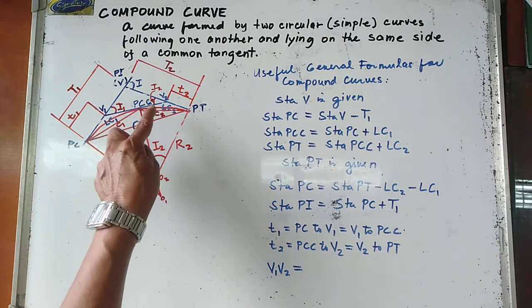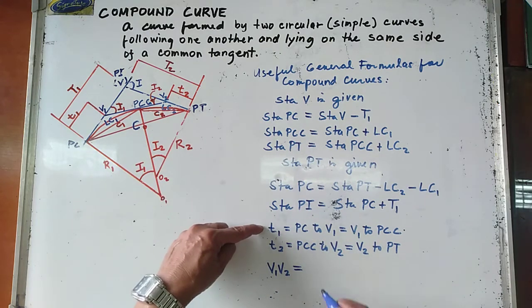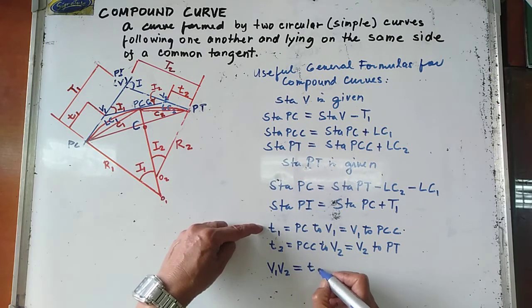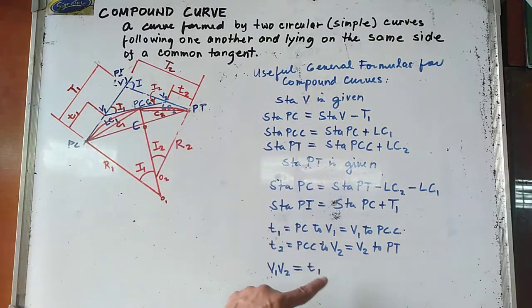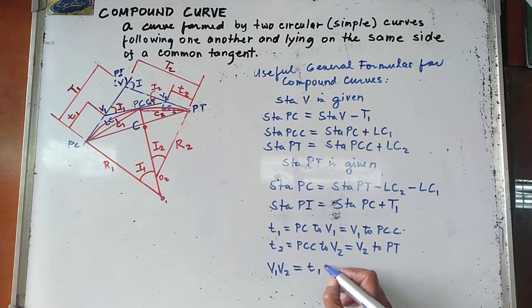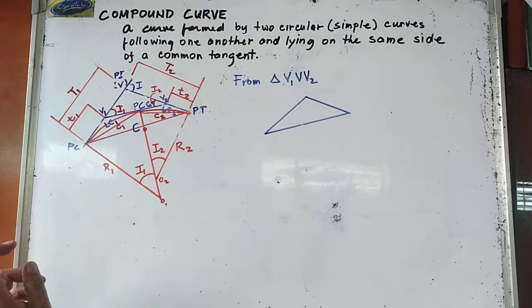V1 to PCC is your T1, and PCC to V2 is the tangent distance of the second curve. So the length of the common tangent is equal to the tangent distance of the first simple curve plus the tangent distance of the second simple curve.